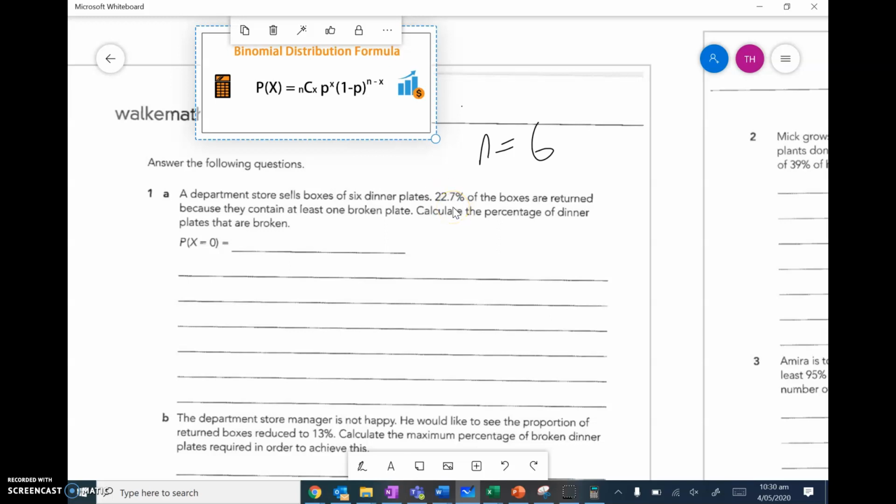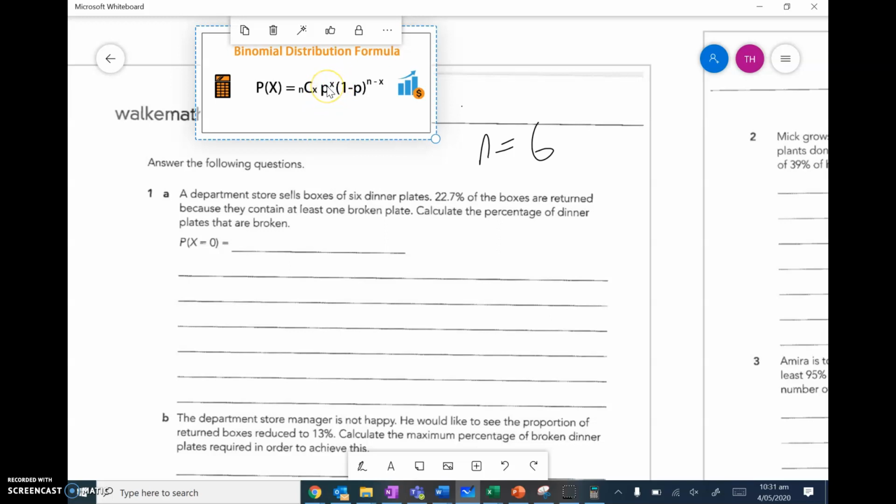So we're going to work the other way and find the original probability, and they're asking us to put it in as a percentage. Now we can only do this if we have the probability that x is equal to 0. Or if x is equal to 6, in this case it would work too, but we're not going to focus on that right now. So if x is equal to 0, then this here becomes 1, because anything to the power of 0 is 1.